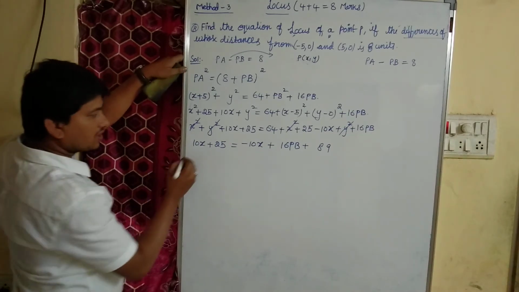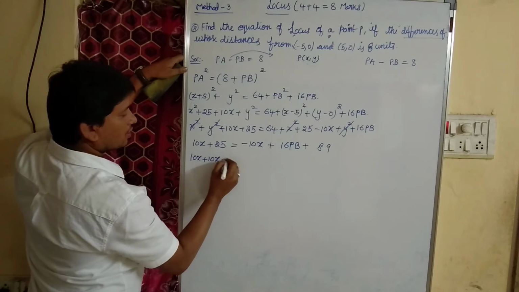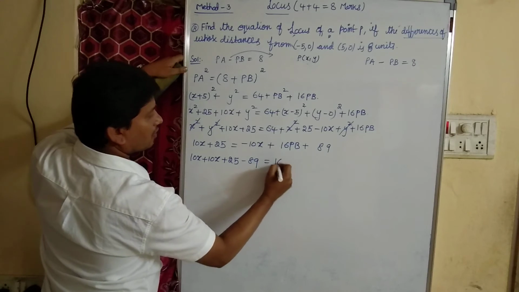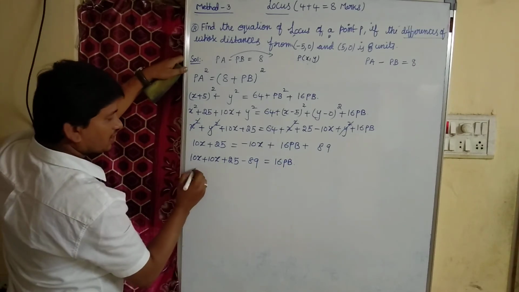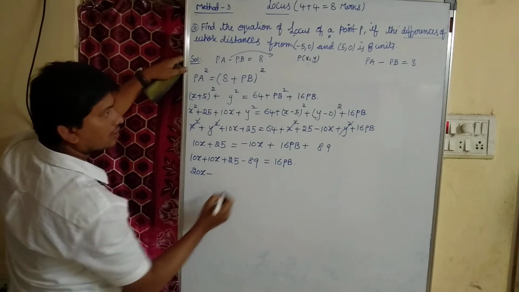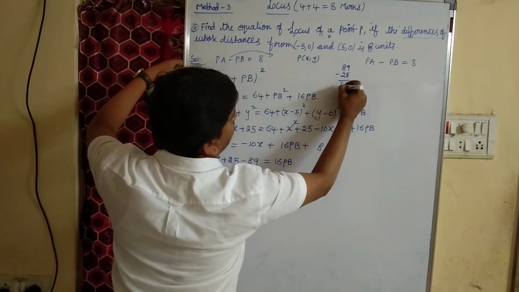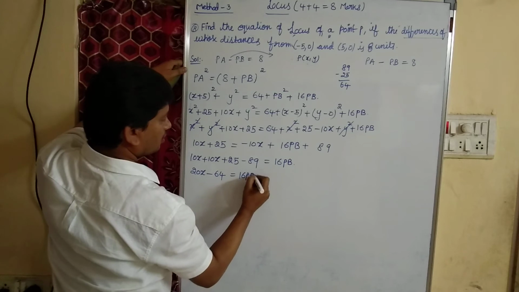Let us take the terms to this side. Minus 10x comes to this side as plus 10x, 25 plus 89 comes to this side as minus 89 equals 16 PB. 10x plus 10x is 20x, 89 minus 25 is 64, equals 16 PB.